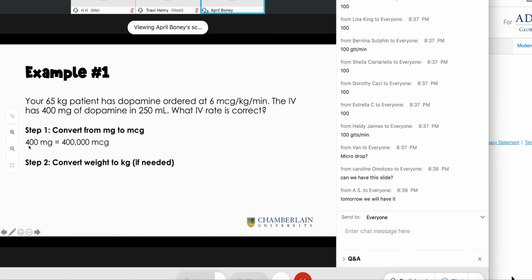Micrograms is a bigger number, so we're going to multiply times 1,000. Now we get this really big number. I don't like to work with big numbers, but we're going to do it in this problem so you can see that it works. So now you have 400,000 micrograms as your concentration. All we did was convert this 400 milligrams to micrograms.